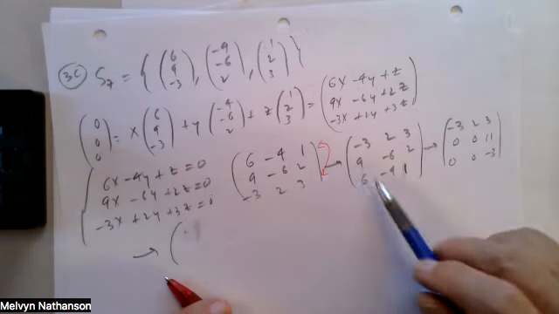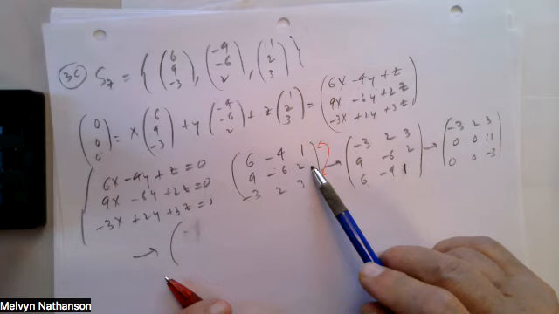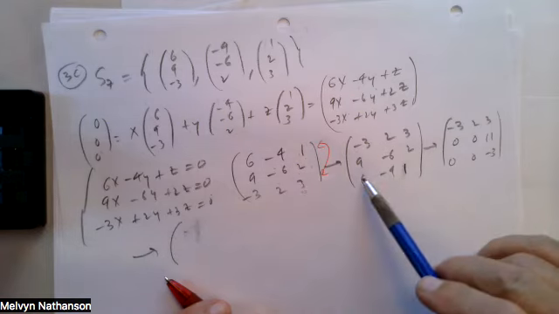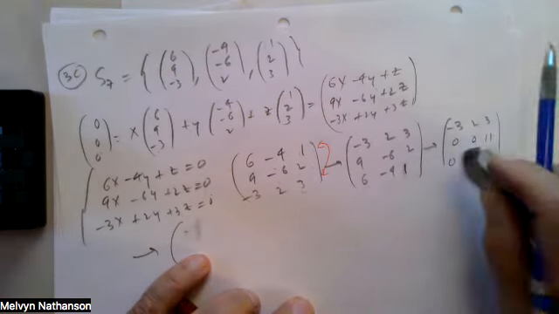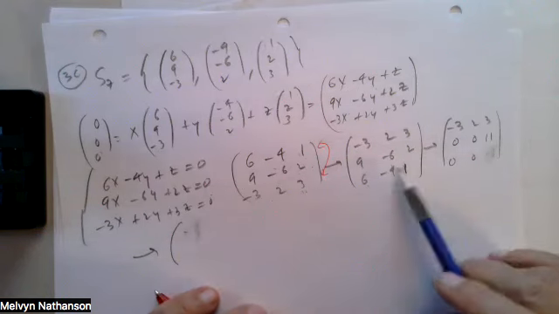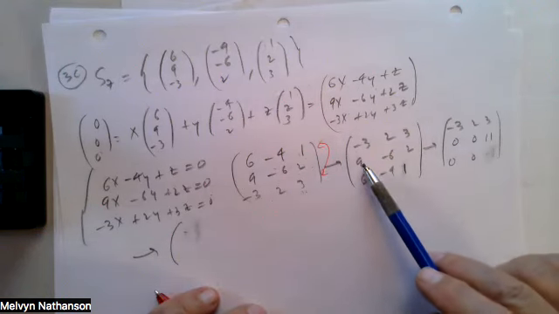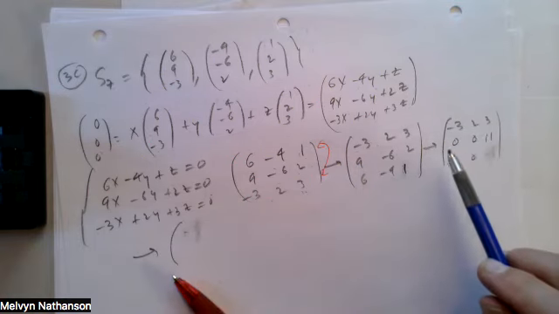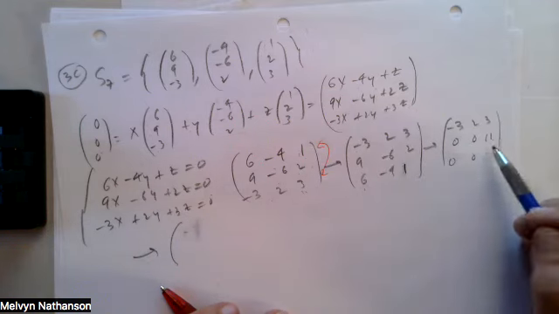Right? (6, -4, 1), (9, -6, 2), (-3, 2, 3). And when you interchange the first and the third rows, this is what I get. And then if I add 3 times the first row to the third row, I get this. And if I add 2 times the first row to the third row, I get a 7.